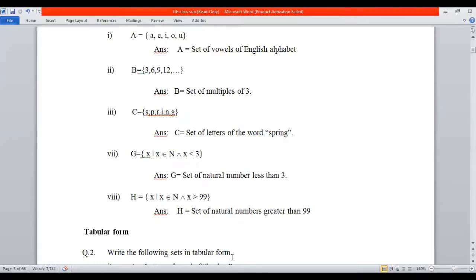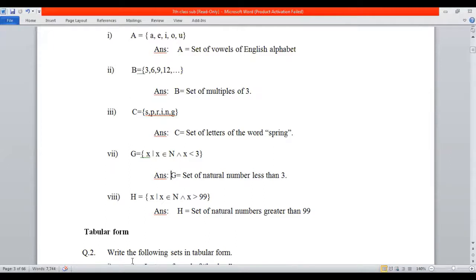We already discussed what tabular form is, but again I'm going to explain it. If we list all elements of a set within braces or curly brackets and separate each element by using a comma, it is called the tabular form.